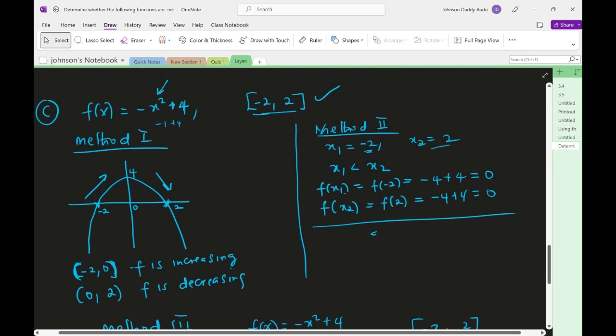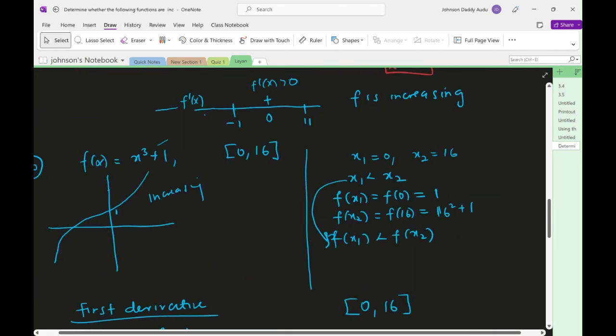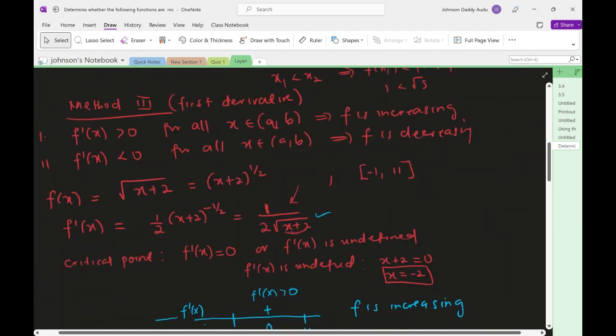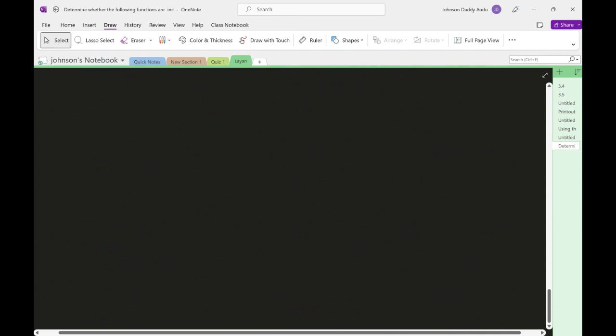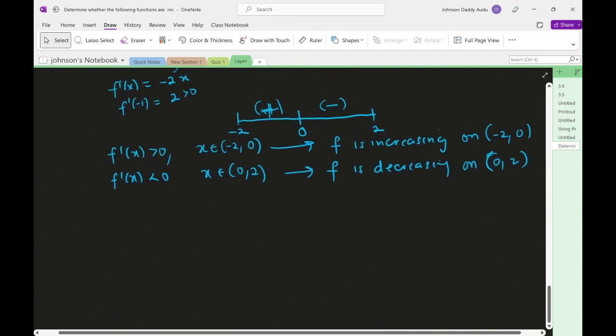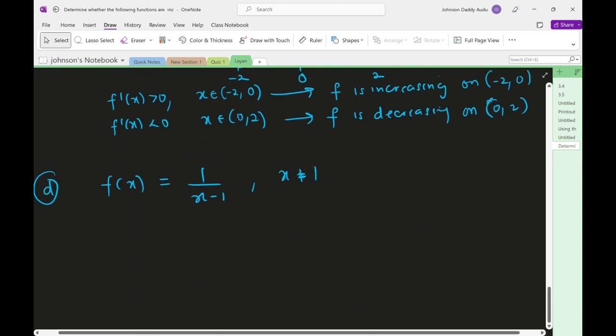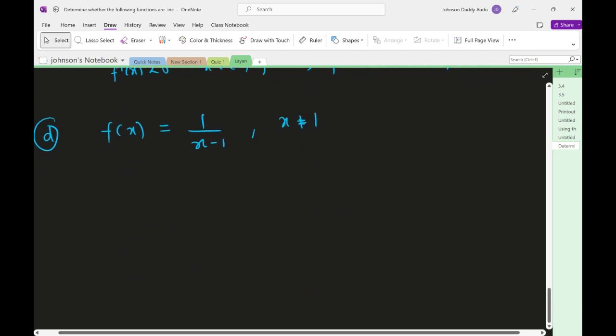Okay, so that's it. Then finally is number 4. What is number 4? Number 4 is this function. Let's say number D. F of x equals 1 over x minus 1, and here we have x is not equal to 1. So here also, x is not equal to 1.